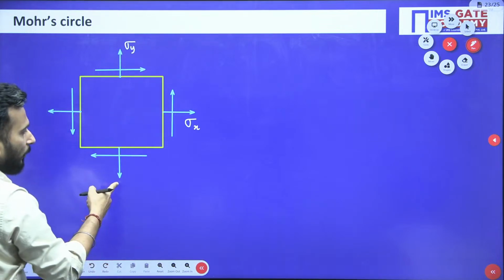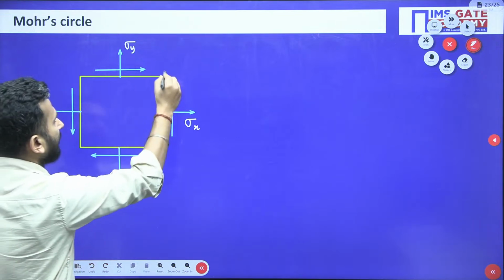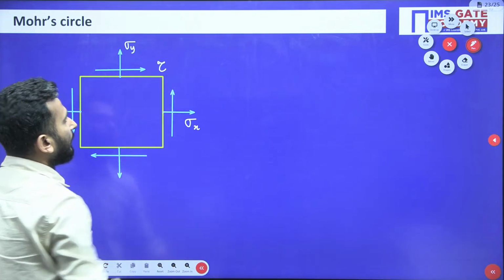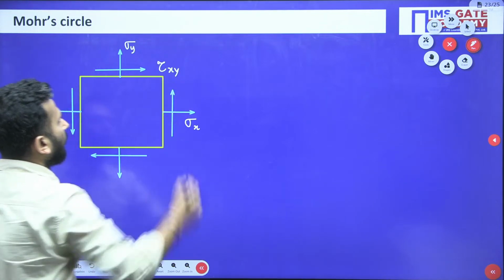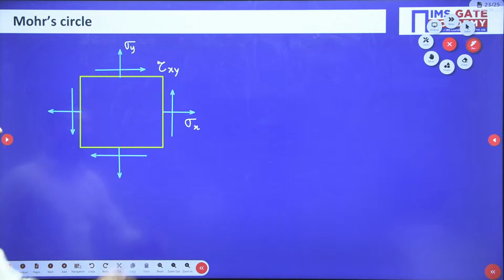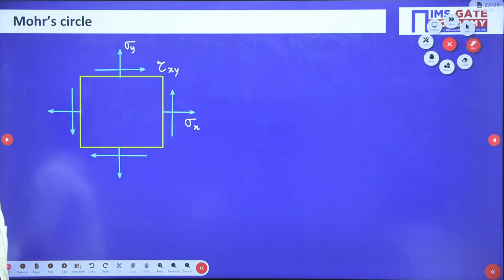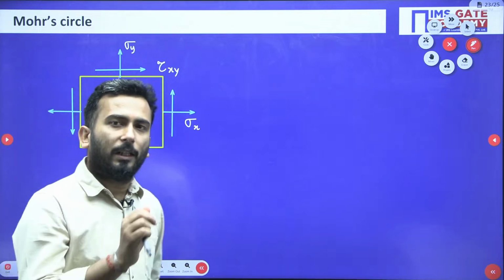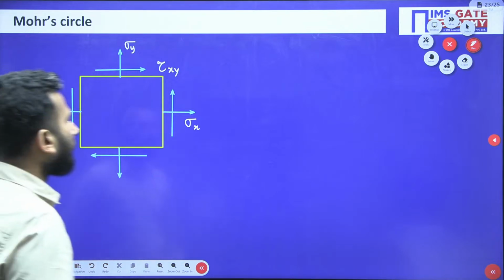I need not write over here that it is also sigma y, it is understood. And any one of these shear stresses I can simply represent by tau, and since it is in the xy plane, I can represent tau xy. Now I need not represent individually that this is also tau xy, this is also tau xy, because everything is the same. By our stress equilibrium, we know this concept.